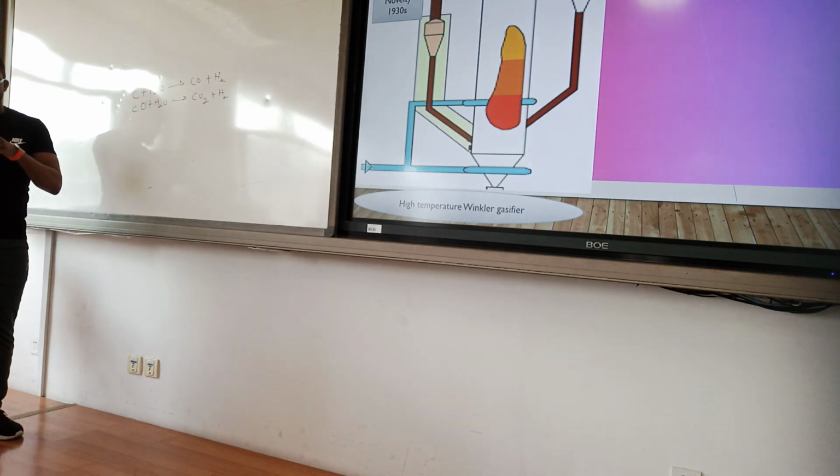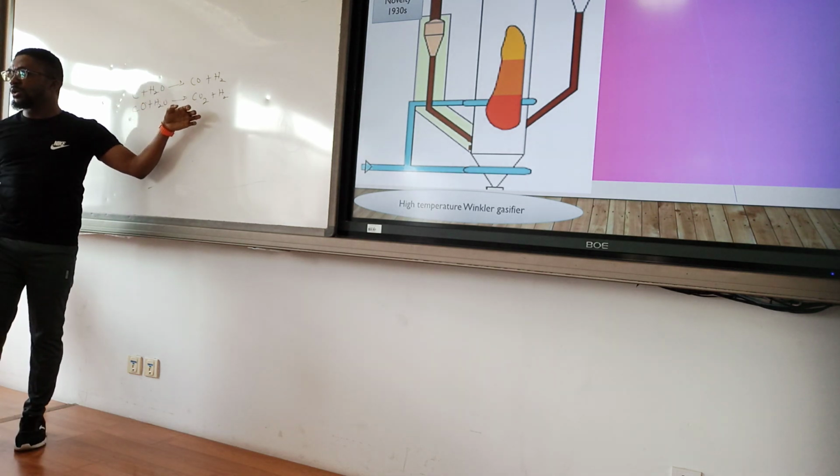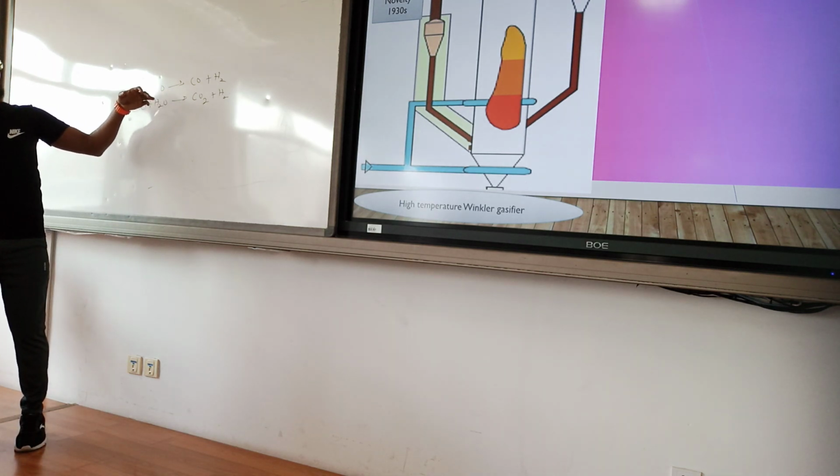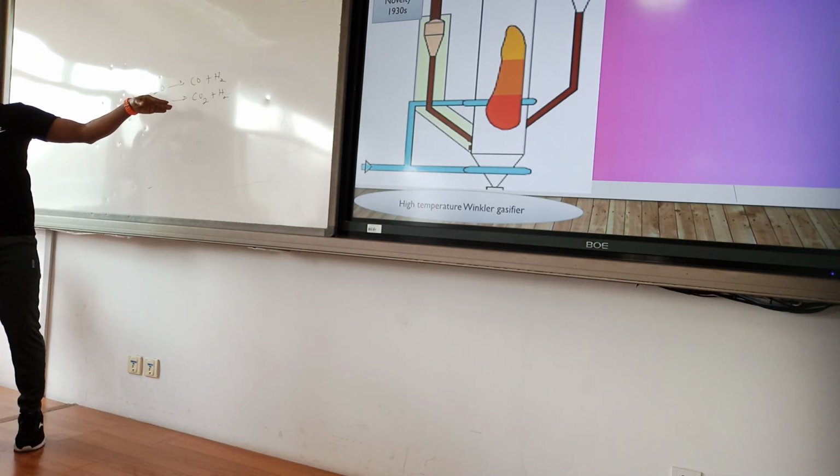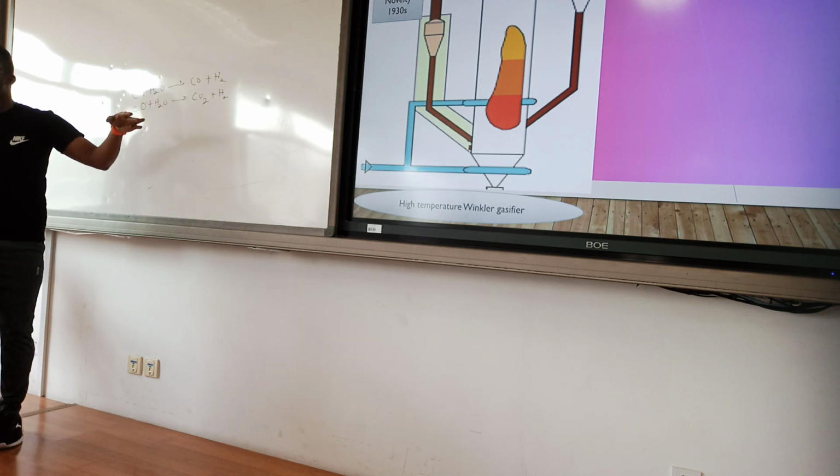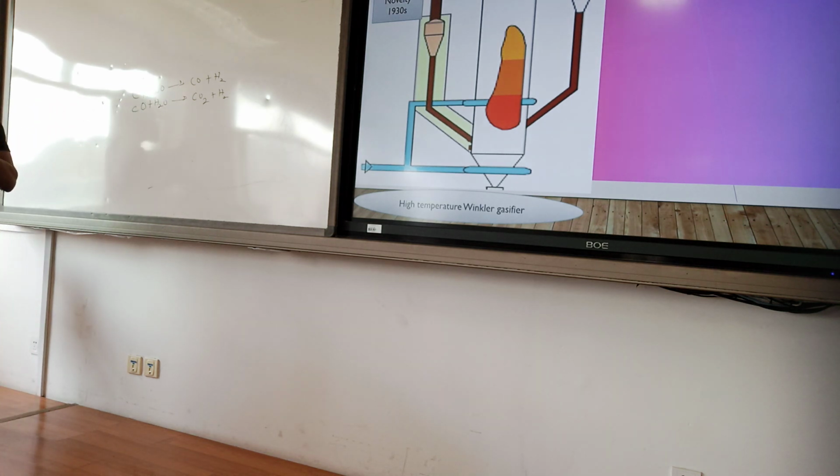According to him, this synthesis gas can be converted by the Fischer-Tropsch process to liquid oil. Winkler designed this gasifier in the early 1930s, which led to other commercial designs of fluidized beds.